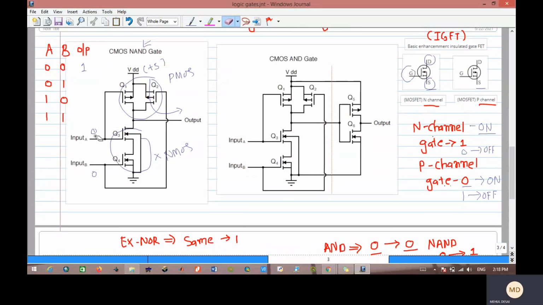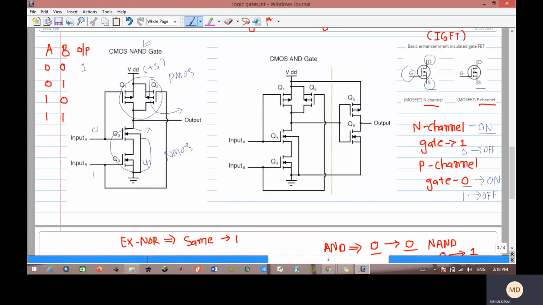Now, similarly, another input is 0 and 1. This one is 0 and this one is 1. So this NMOS is off, and the other NMOS is on, but it does not get the VDD voltage because of this circuitry, so it is also not conducting.